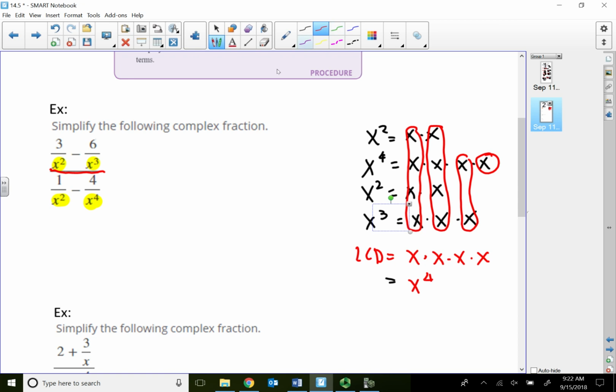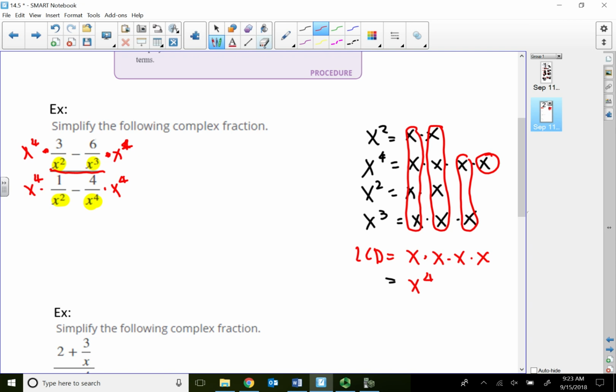Now what we're going to do is multiply every term by the LCD. I'm going to write it this way. Make sure you remember it's multiplying every term.